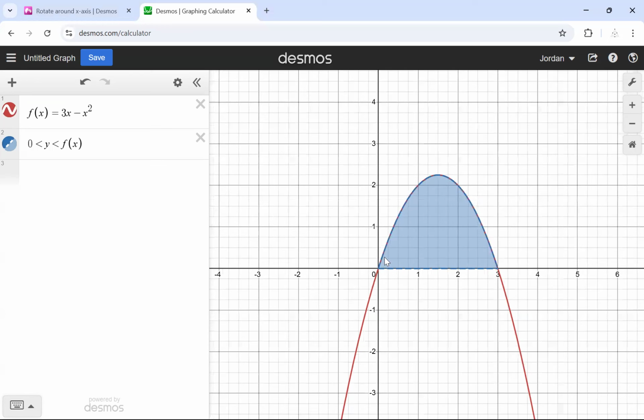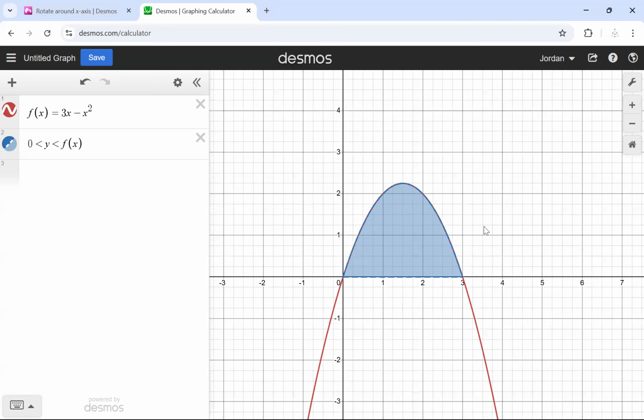It's obviously parabolic, and therefore it'd be really hard to deal with using geometry tools. But with the fundamental theorem of calculus, it's easy to calculate the fact that this area is actually 4.5. So the fundamental theorem of calculus is a really, really nice tool.